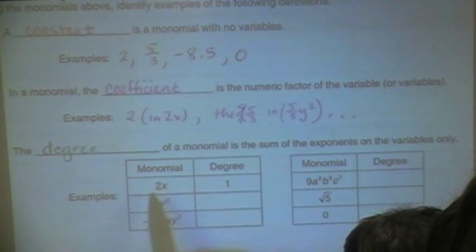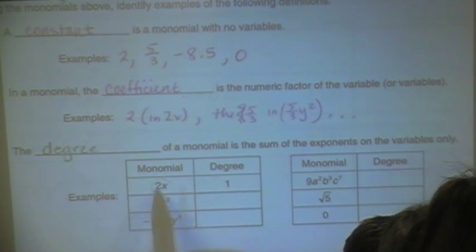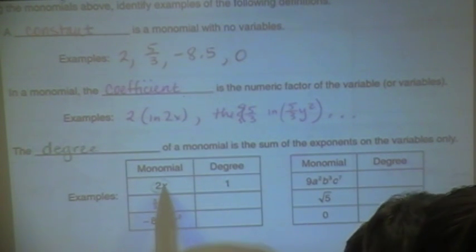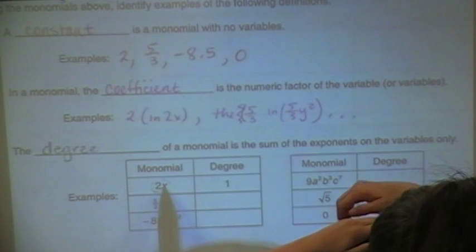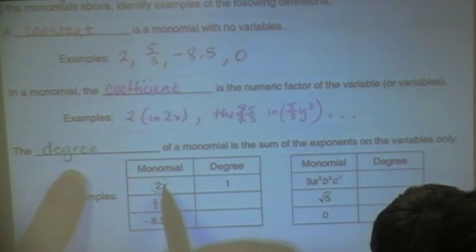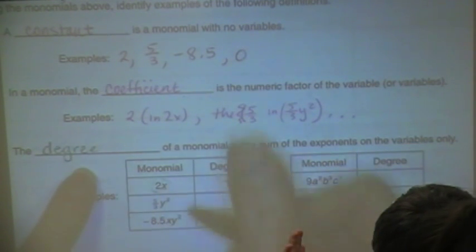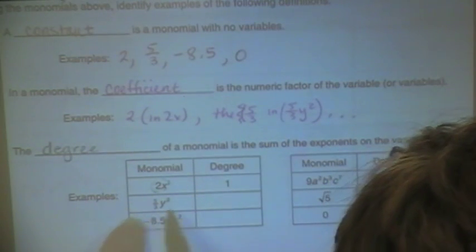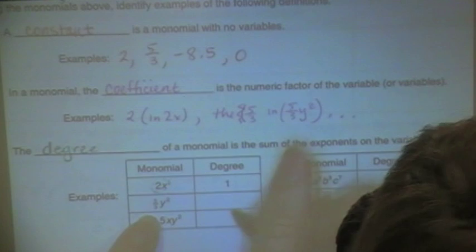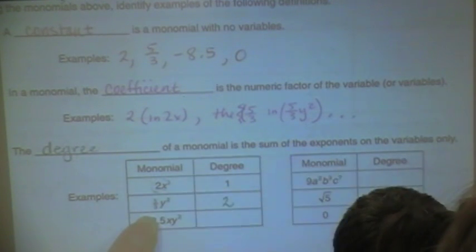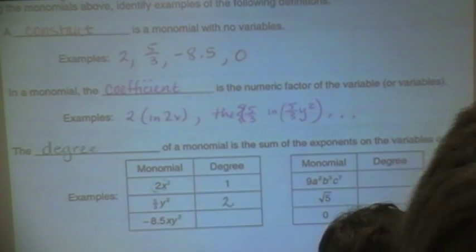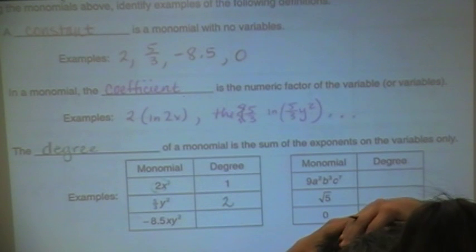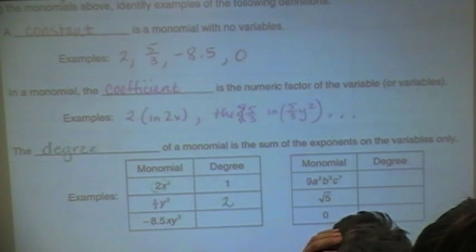So on this particular monomial, it has a variable of x, and I just look at the exponent on the x value. Well, there doesn't appear to be one, but there is one. If anything, it's to the first degree. Which means the degree of this one is 2. Now here's where you have to be careful, because on the negative 8.5 I actually have 2 variables.